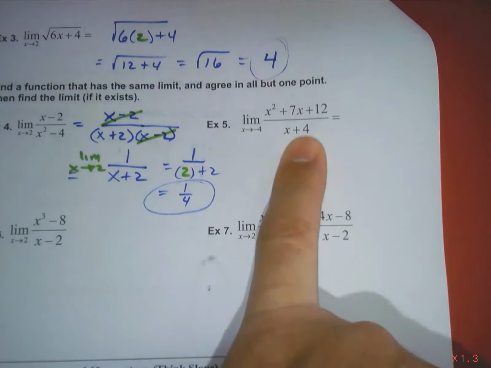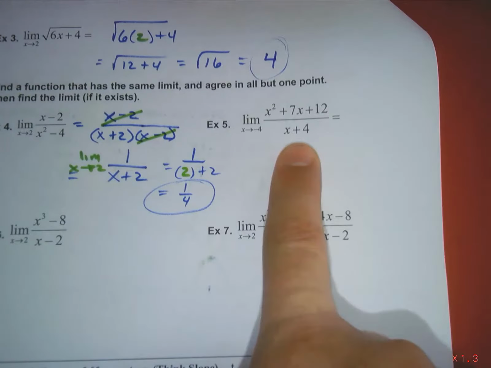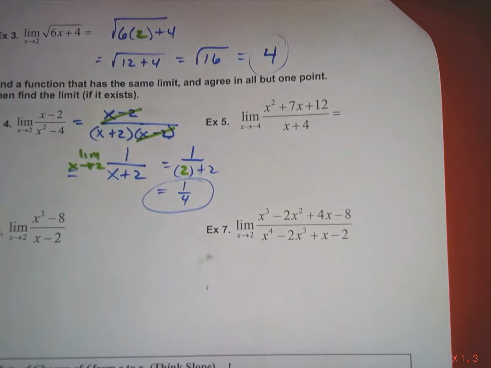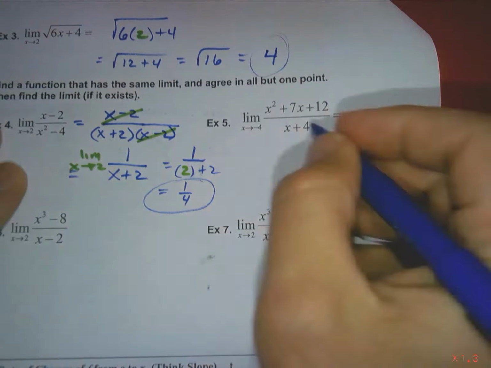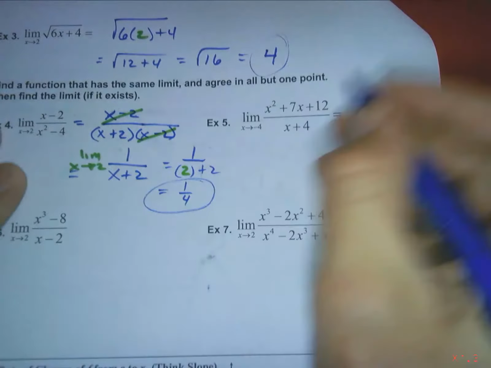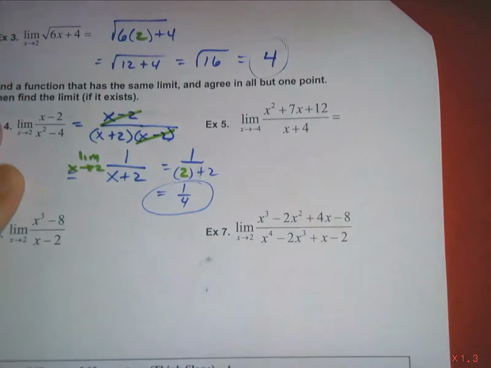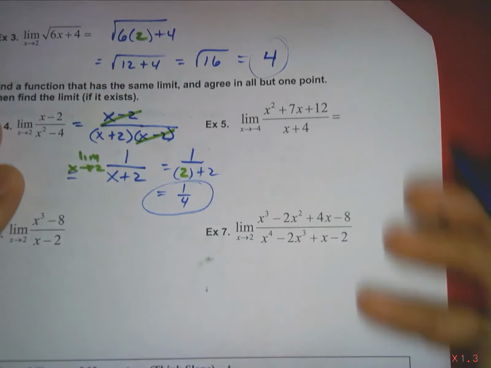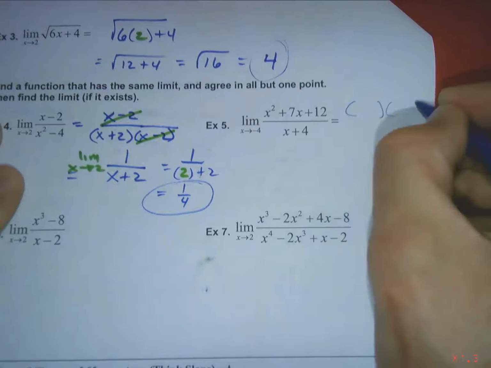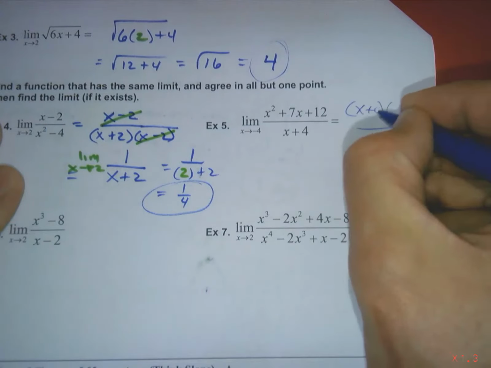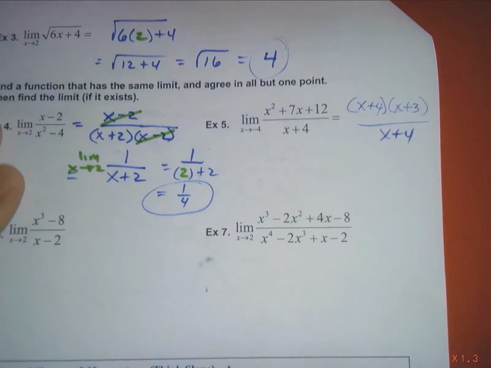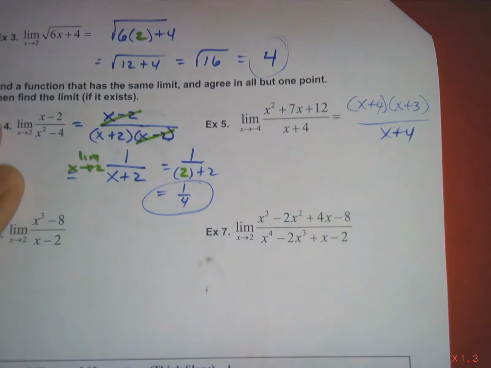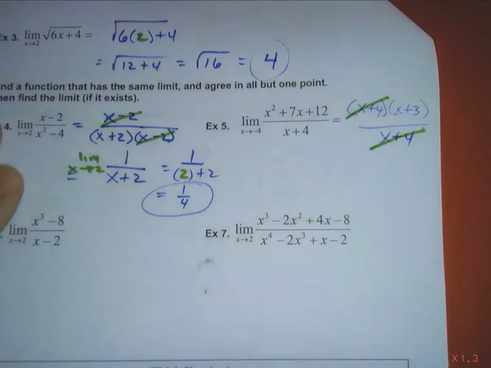I wish I could plug in -4 right now, but -4 plus 4 is 0. Doesn't mean there's not a limit there. I can still find the limit by a little factor, reduce. So let's go ahead and factor the top here. What are factors of 12 that add up to 7? 4 and 3. And now we can karate chop the x plus 4.